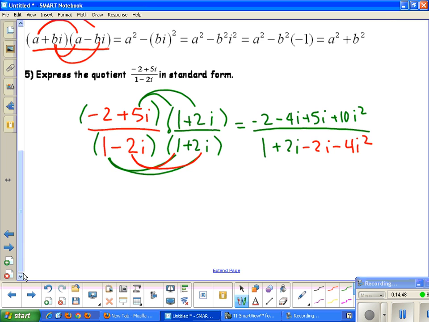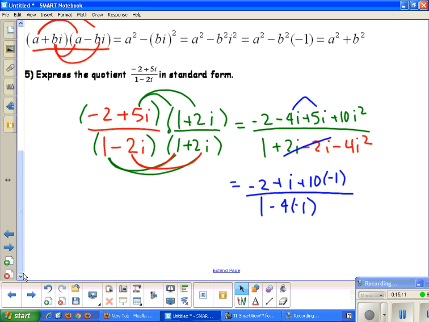So notice we want to combine our like terms. These terms cancel out here. And let's finish our numerator. So we have -2. These are like terms, so that gives us plus 1i, which you don't need to write the 1, and then plus 10, and then i squared is really equal to negative 1, divided by, and in my denominator I have 1 minus 4, and i squared again is negative 1.